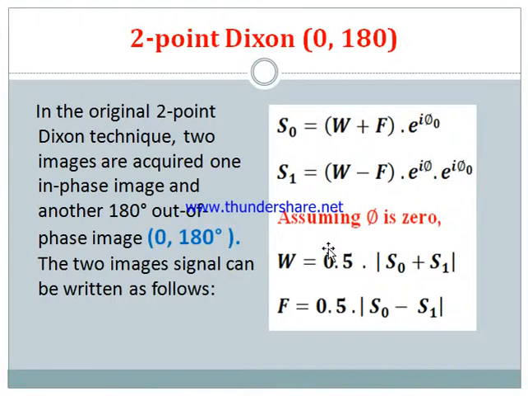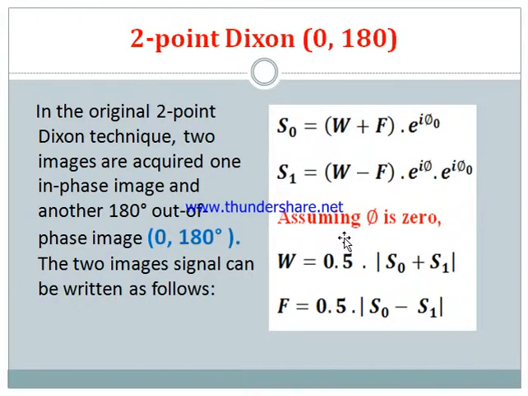A more accurate representation is these two equations. This is the in-phase signal, and this is the out-phase signal, 180 phase difference. If we assume that phi is 0, a simple summation and subtraction gives water and fat as these equations.